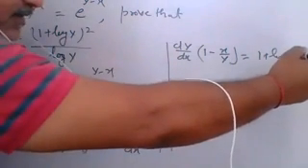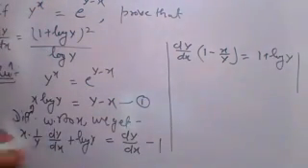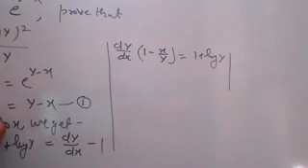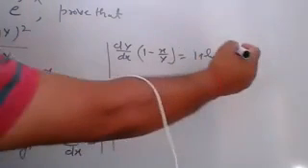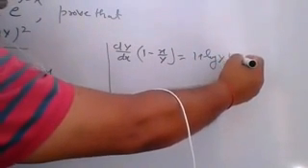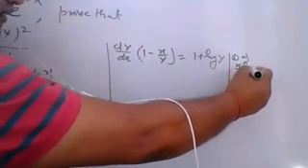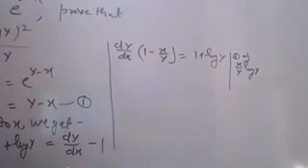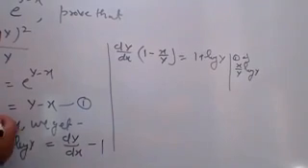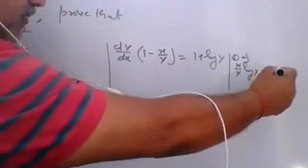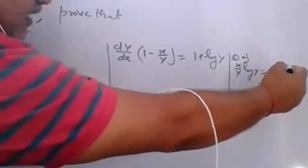Just take a rough work here. Dividing each term by y from the first equation, you have x upon y log y minus 1 is equal to 1 minus x upon y.